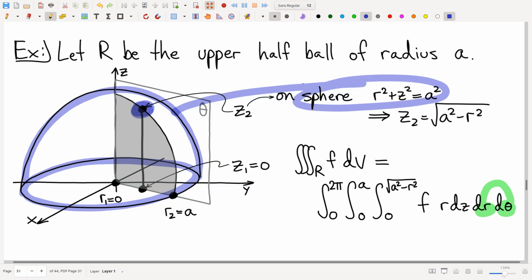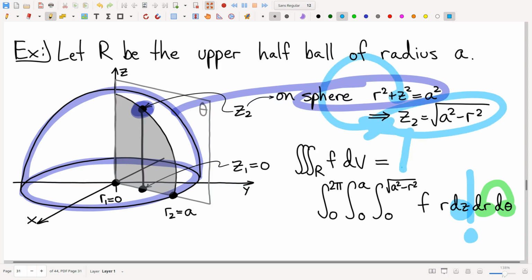So here's that equation for the sphere in cylindrical coordinates. Wait, what were we doing here? Why are we looking at that point? What are we interested in? Don't forget, we are trying to find a value for Z. It's so easy to lose track and accidentally solve for the wrong thing. We're interested in a value of Z, so in this equation I will solve for Z. And that is what gives me my upper bound for my inside interval.